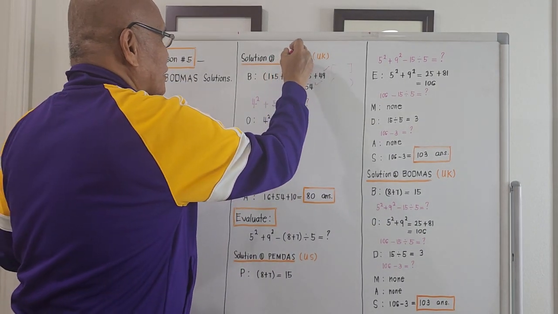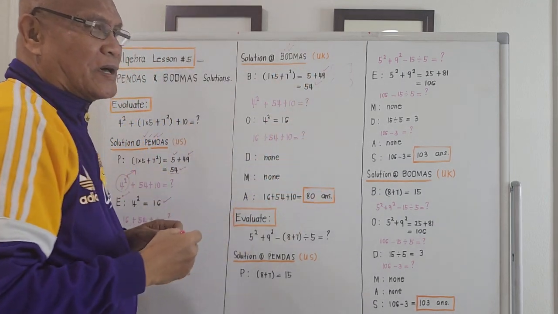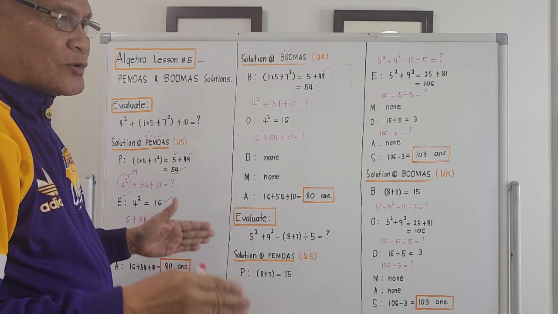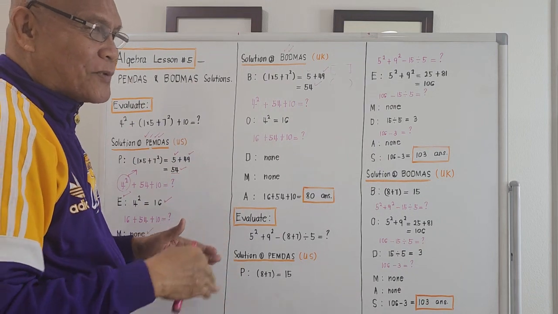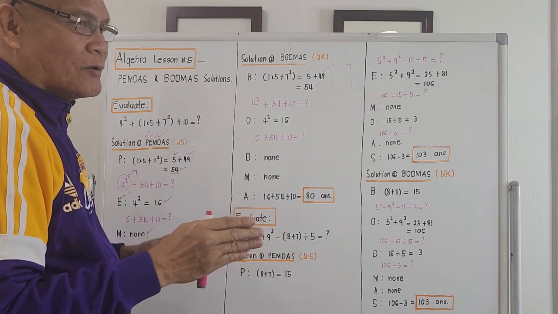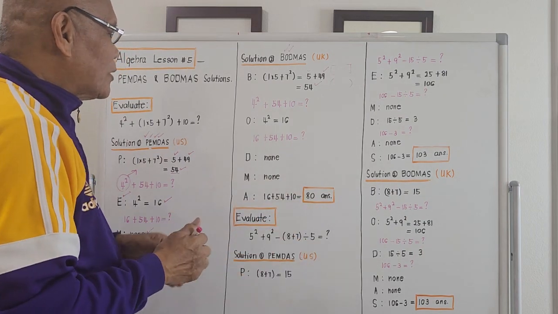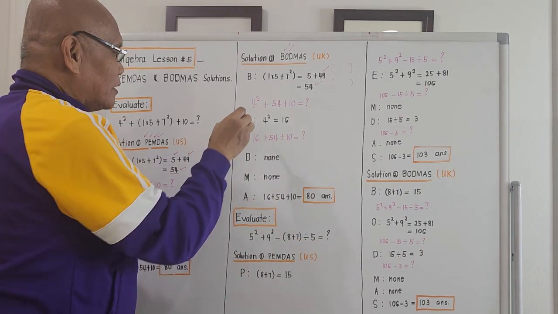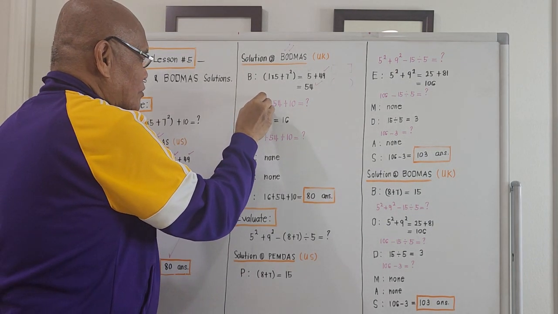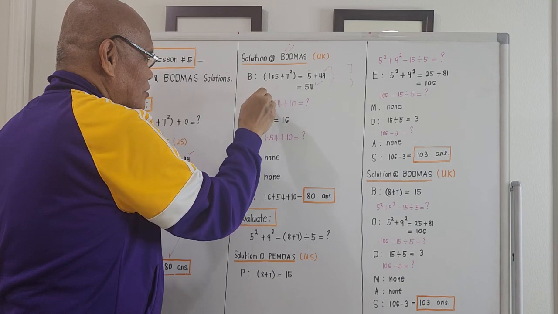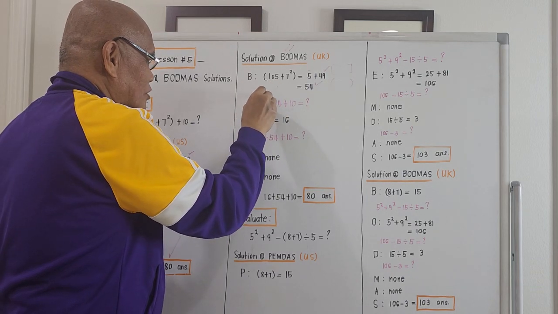We go with the order. Order under the BODMAS solution is synonymous to exponent. So the next in line with the priority of operation should be all the terms that have exponential terms. And the one with exponential terms is this 4 squared here, because this 2 here is an exponent.